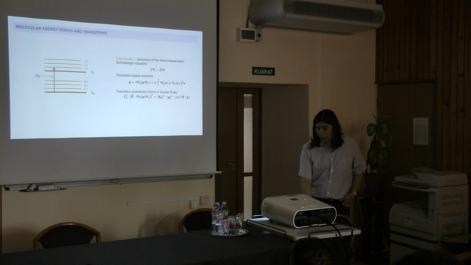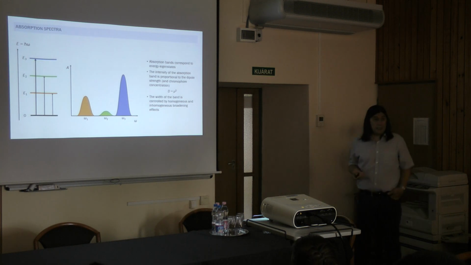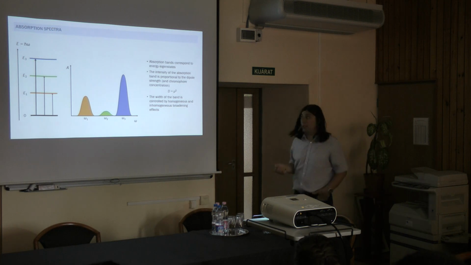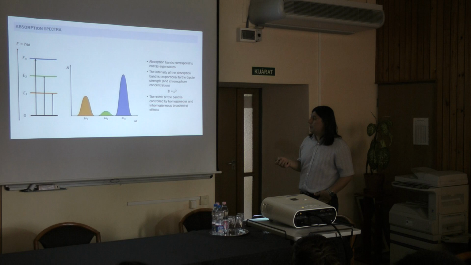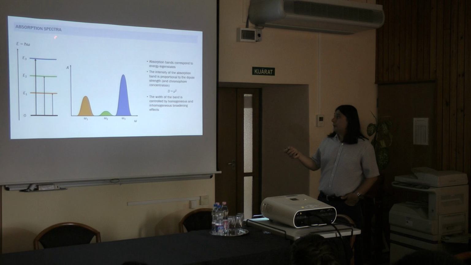Anyways, going further, what happens is that if we have such states that have some non-zero dipole moments, then we have absorption of those states, right? And if we have absorption of certain frequencies of light, so for each state we will have some band in the absorption spectrum. That is frequency, that is absorption.